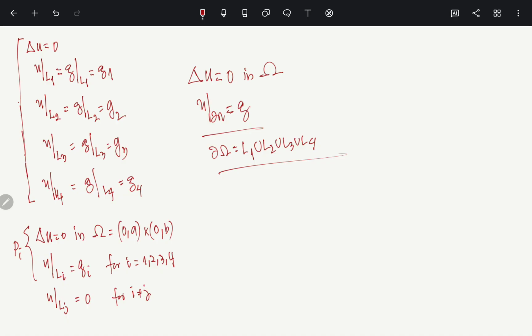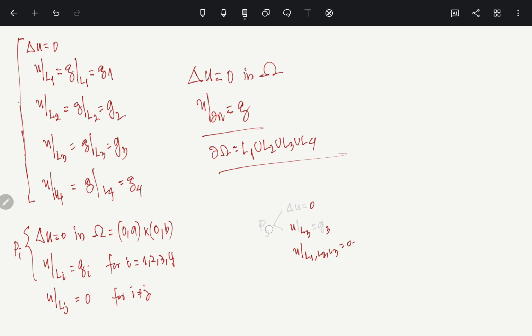Clear? So let's say P3, how should it look? Laplacian u equals 0 and u restricted to L3 is G3. What about u restricted to the other sides? That is going to be 0. So that is your Pi.